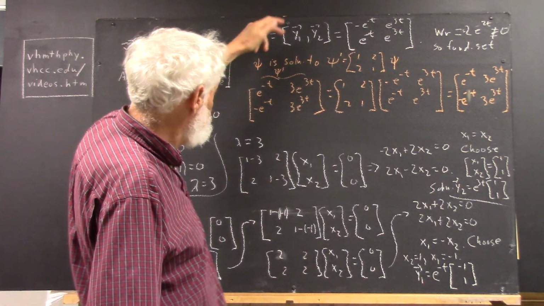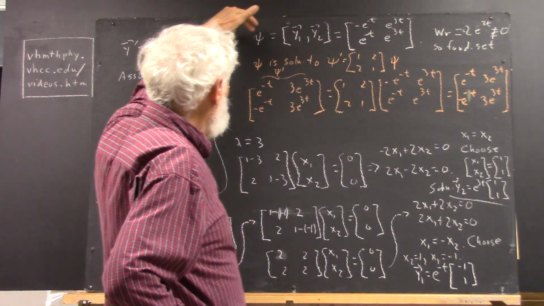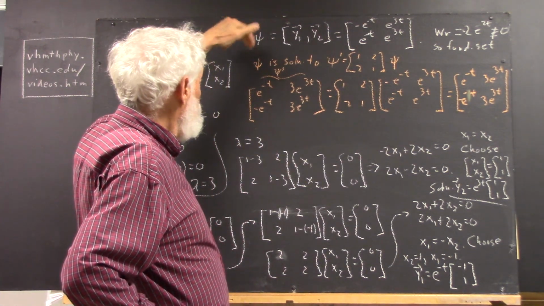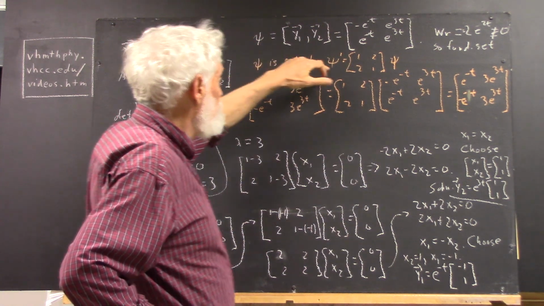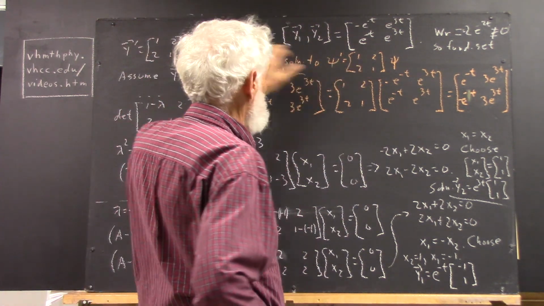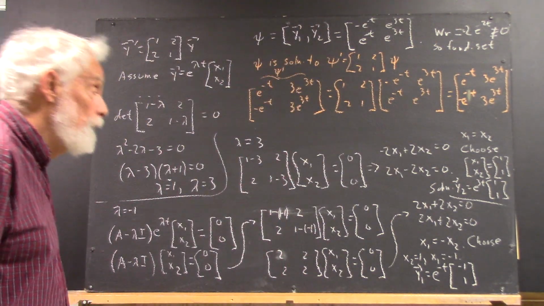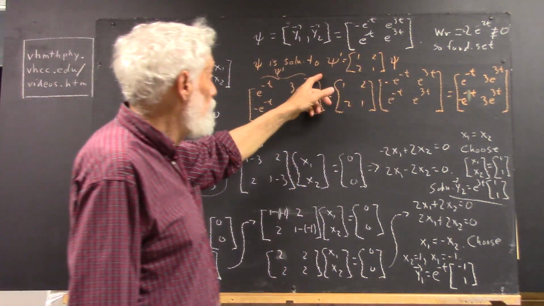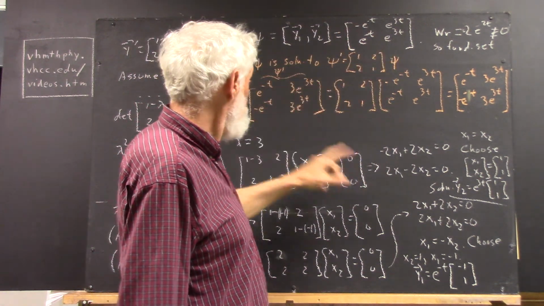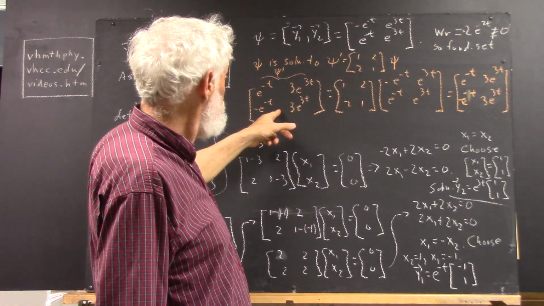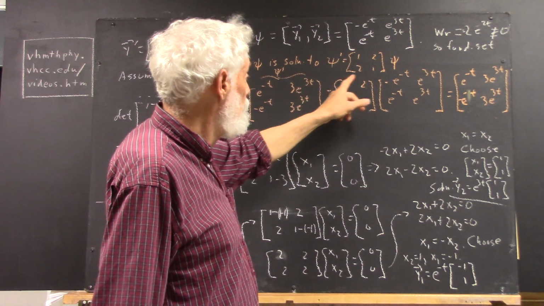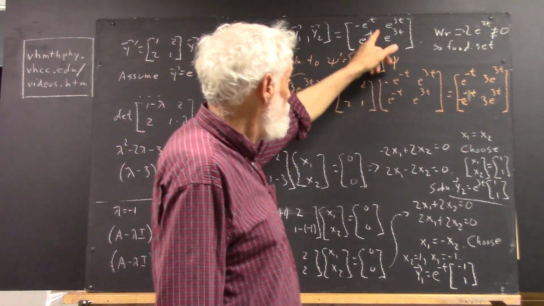So, I want to claim that psi is a solution to psi prime equals this same matrix times psi. Well, that's very easily done. We just take psi prime, the derivative of this matrix, you can confirm that it's this one, and that should equal this multiple of this matrix.